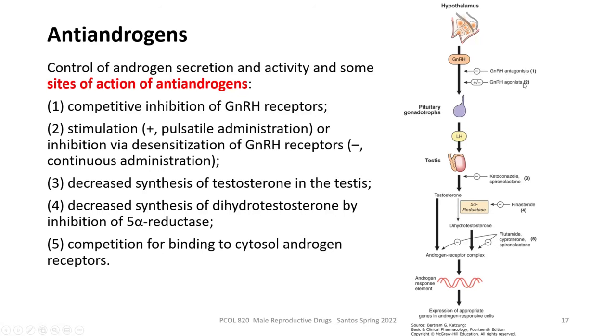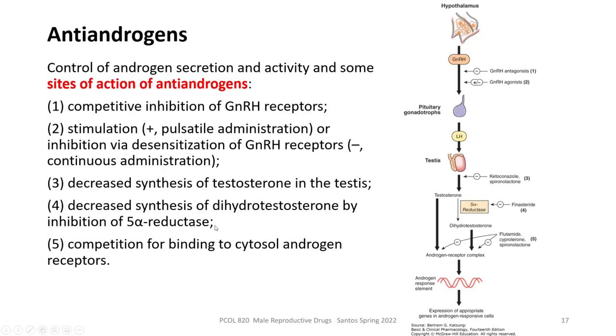But you also can have agonists that, if given in a pulsatile administration, will be stimulating. And if they are given in a continuous administration, they will be inhibiting the secretion. We also have drugs that decrease the synthesis of testosterone in the testes, which will be ketoconazole and spironolactone.